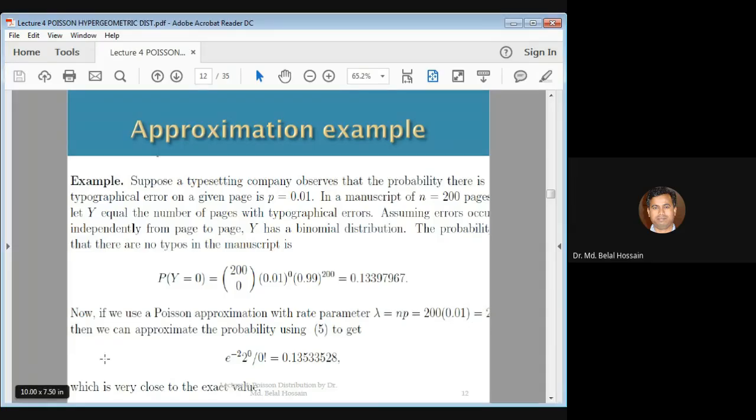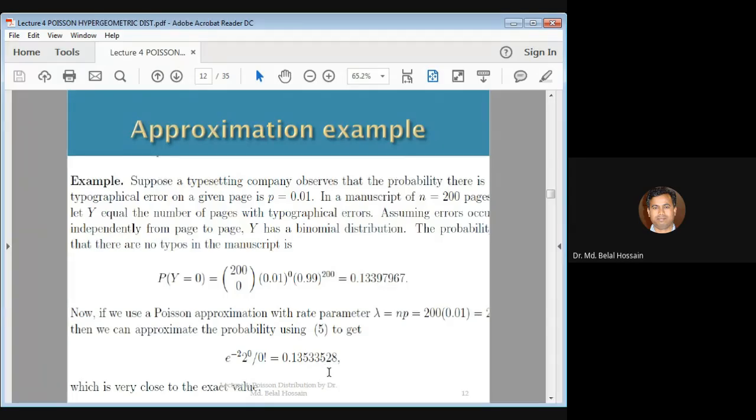So if you then find the probability using a Poisson distribution, that is lambda, 2, to the power 0, over factorial 0, where y is 0 because there is no typographical error. It is actually producing the probability 0.1353.